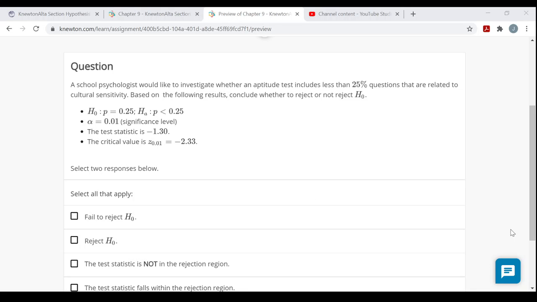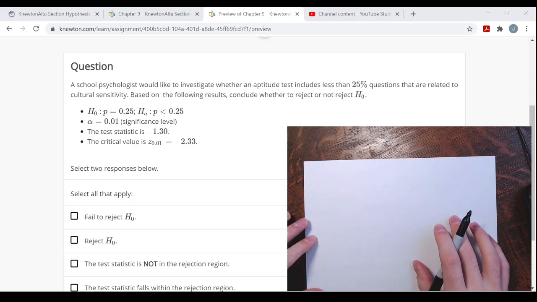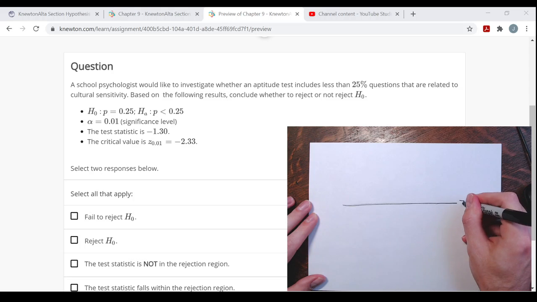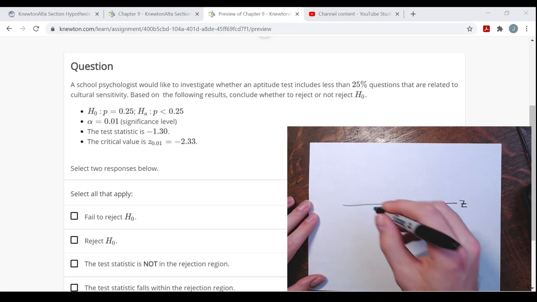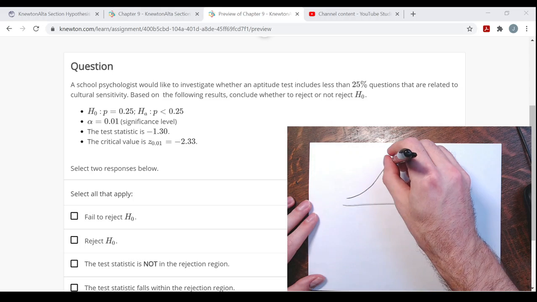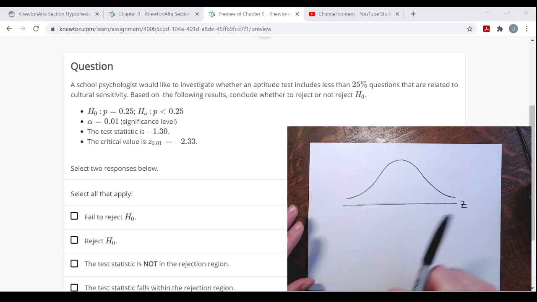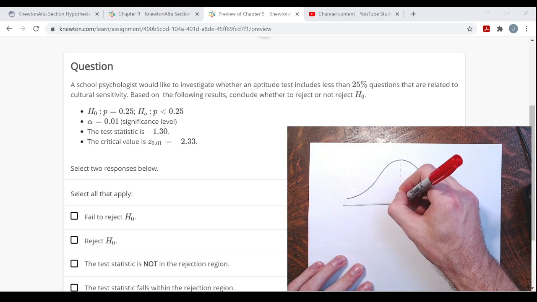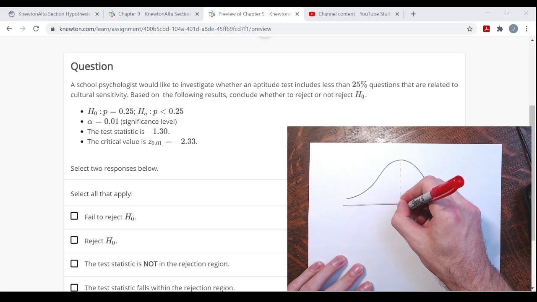And what they did, I'll bring this up on some paper here, is look at the standard normal distribution. Our horizontal axis here is z-scores. It's bell-shaped, symmetrical. The z-score underneath the peak of the standard normal curve is 0.